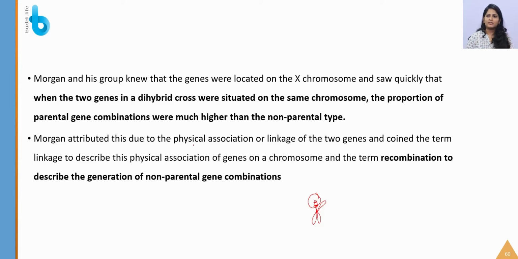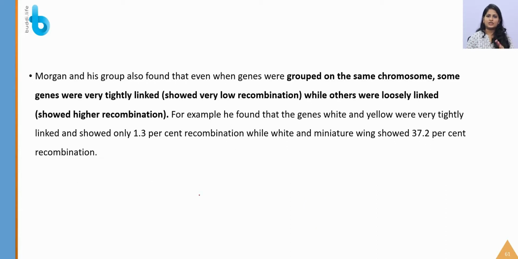Morgan attributed this to physical association or linkage of genes and coined the term linkage to describe the physical association of genes on a chromosome, and the term recombination to describe the generation of non-parental gene combinations. If it is a new combination, he called it recombination, and if two genes are linked together, they will not segregate. It is highly rare for them to segregate, and for this he coined the term linkage.